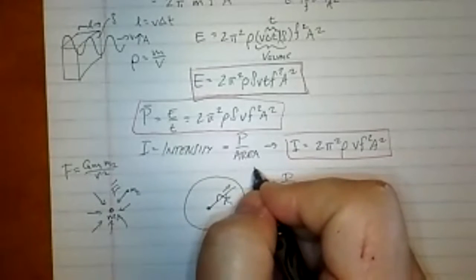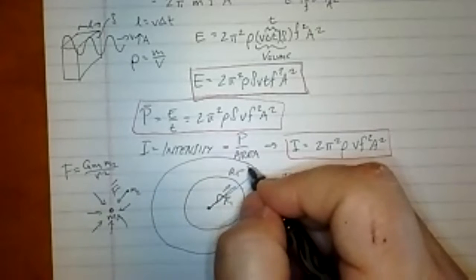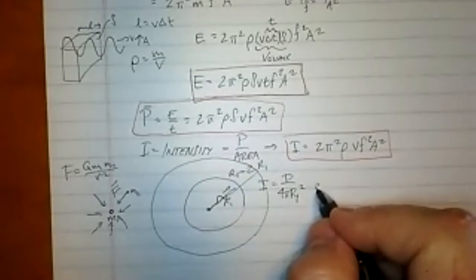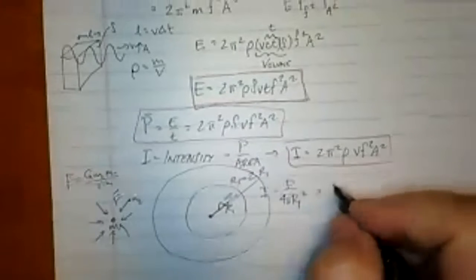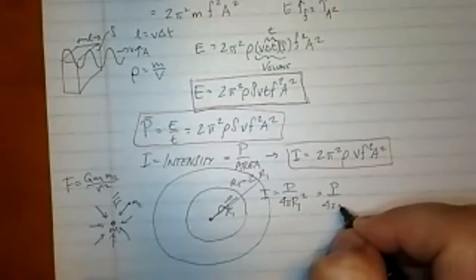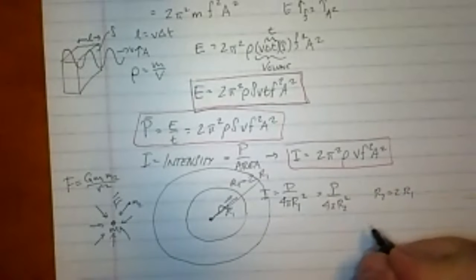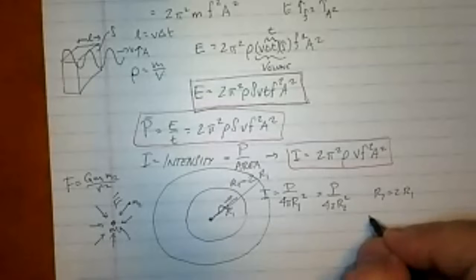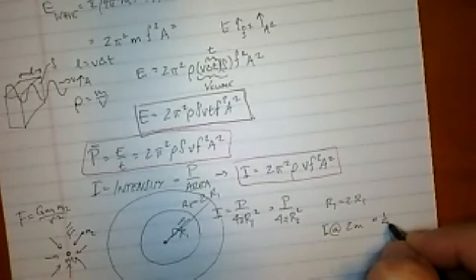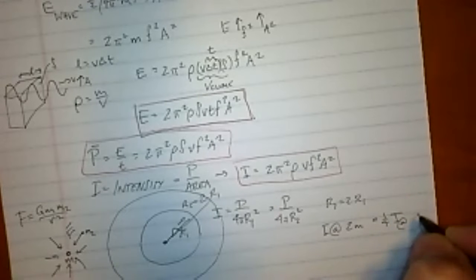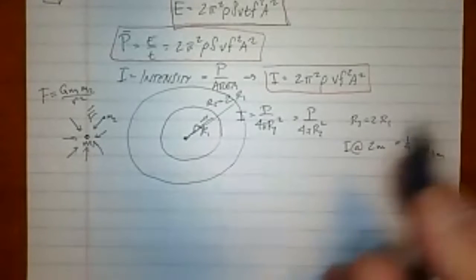But then if I go out here to say r2, which equals 2r1, then you get that same power, because that's the total power the thing can put out. But now it's that same power divided by 4 pi r2 squared, but r2 is equal to 2r1. So you see that basically the intensity at 2 meters is 1/4 of the intensity at 1 meter. So what we get is evidently this intensity falls off like 1 over r squared.